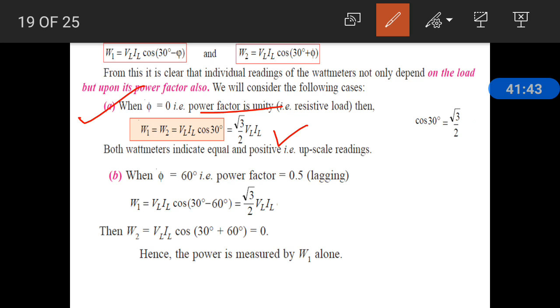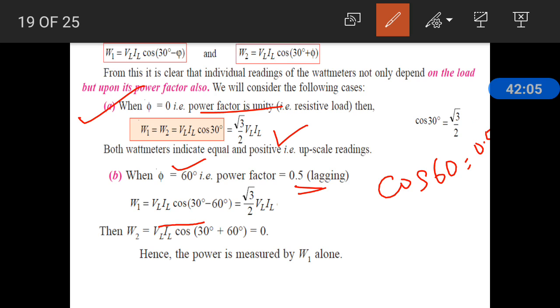Next is power factor 0.5, that means phi equal to 60 degrees. Cos 60 equal to 0.5 or 1 by 2, clear. So in this condition W1 equal to VL IL cos (30 minus 60).